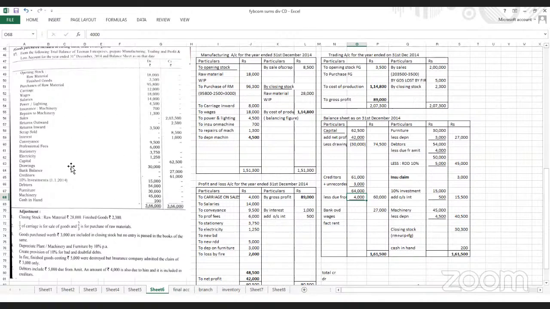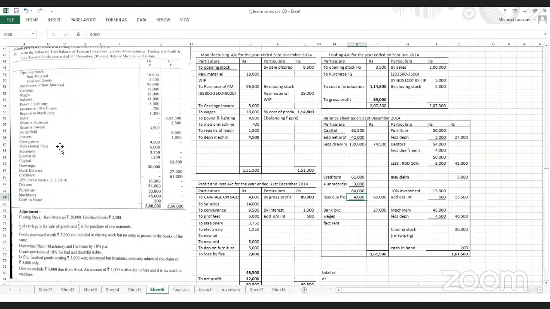Sales, trading, credit. Return outward means purchase return, less from purchases. Return inward means sales return, less from sales. Clear? Scrap sold, manufacturing account credit side. Interest, if it is on credit side, P&L credit.